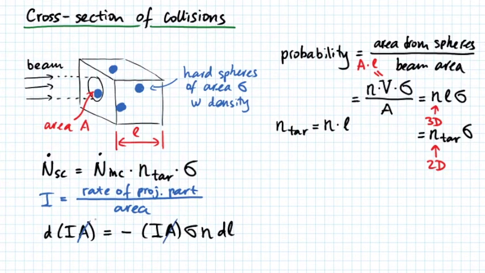Canceling out the area, we can write this equation as dI over I equal to minus sigma times density times dl.